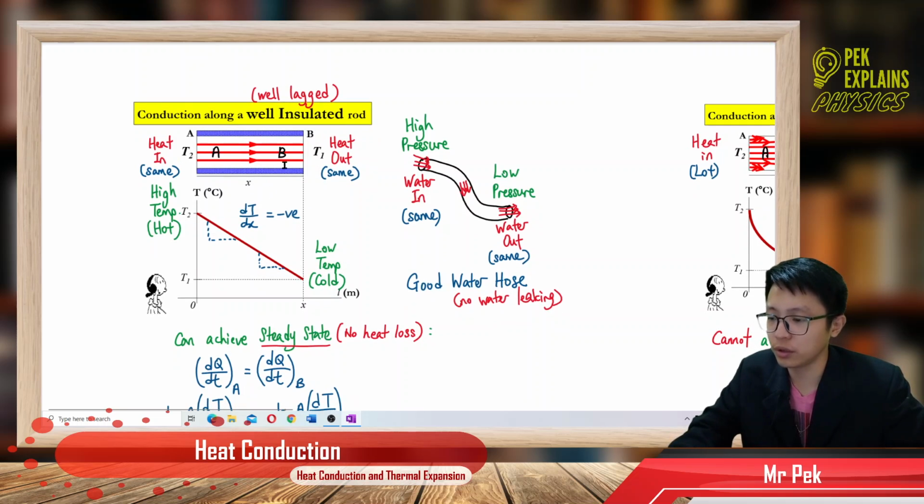So here we have a rod that is well insulated. That means there's no heat loss, no heat coming out from the rod. The heat enters at one end, which is A, and then heat goes out from the other end, which is B. All the heat going in from A will go out from B. So the heat in is the same as heat out.